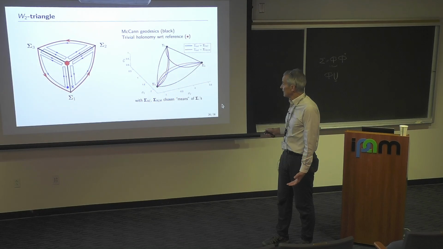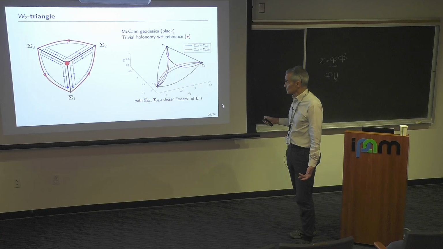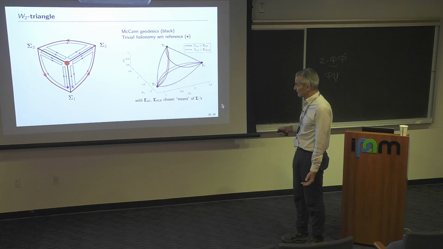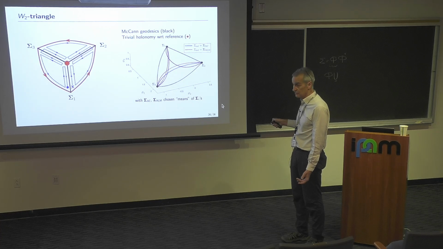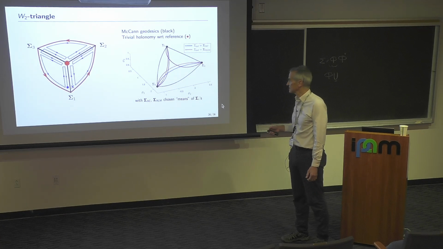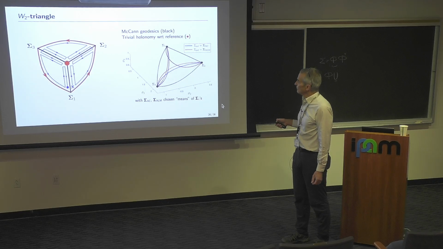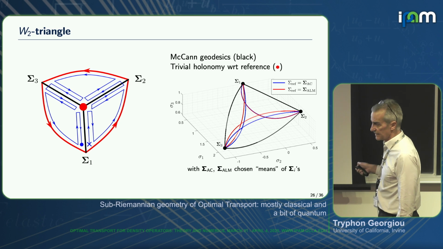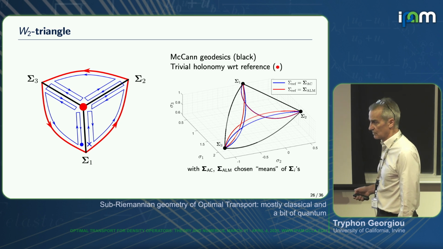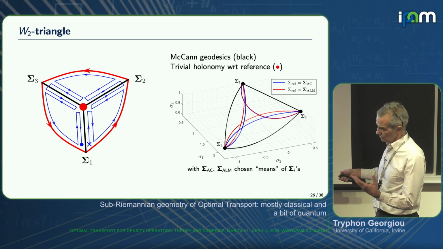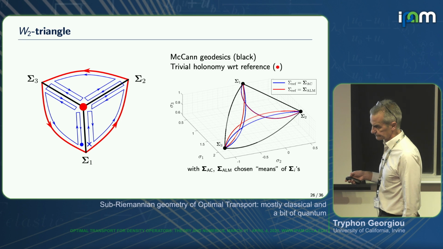Now, they visit those 3 points, but this black triangle here has non-zero holonomy. Exactly, yes. Now, if you go through the red, they have zero holonomy, and so does the blue, and they do that by pivoting about a reference point in the middle.